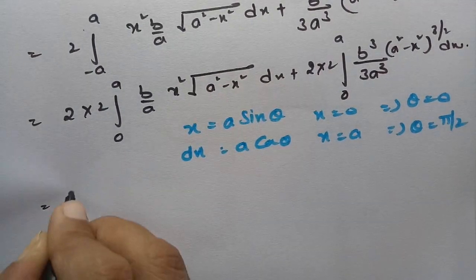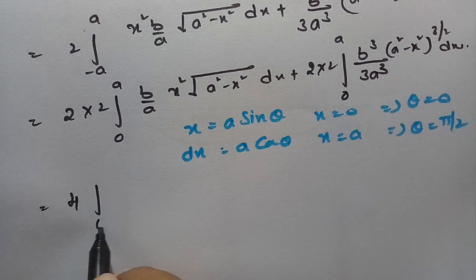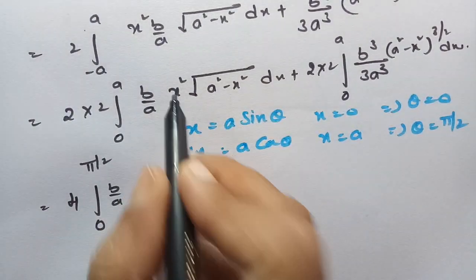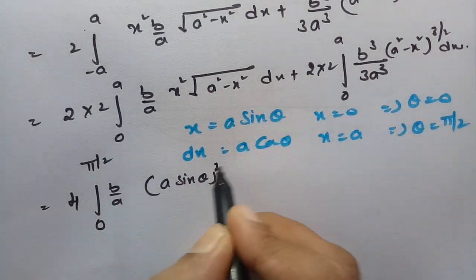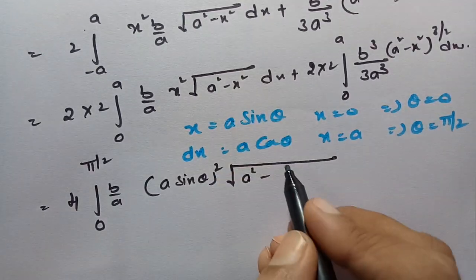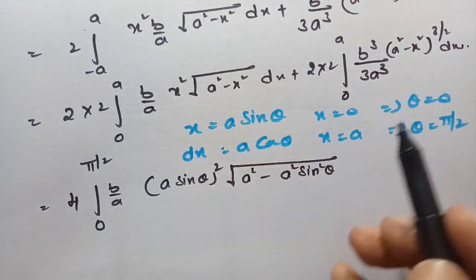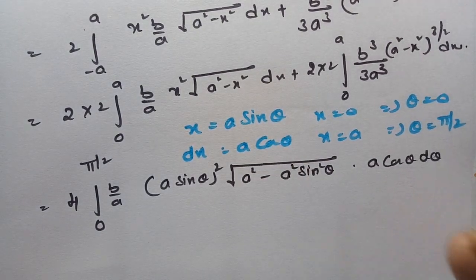So this will be 4 times the integral, the limits will change, from 0 to pi by 2, of b by a. What is x square? x square is nothing but a sin theta whole square. This is root over a square minus x square, which is a square sin square theta, and dx. dx is nothing but a into cos theta into d theta.